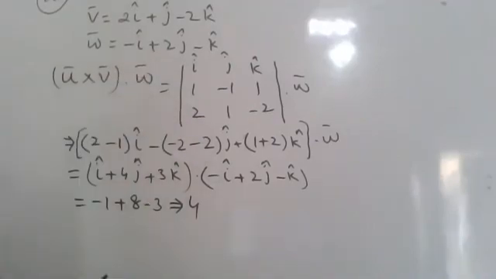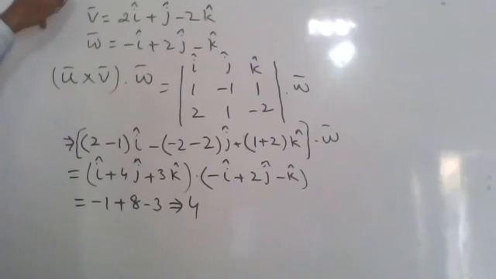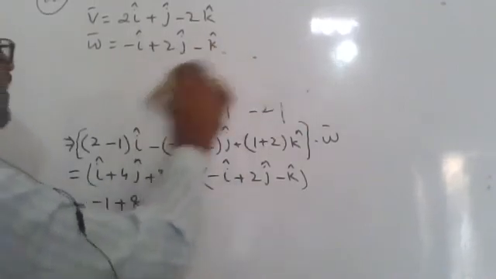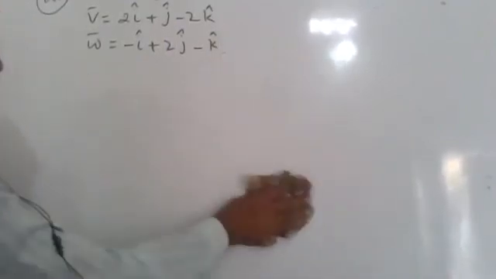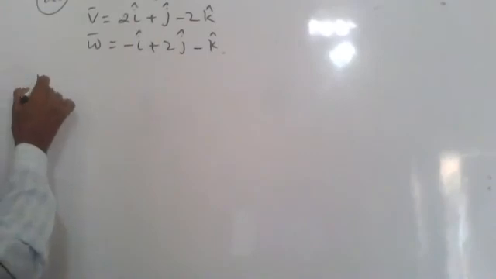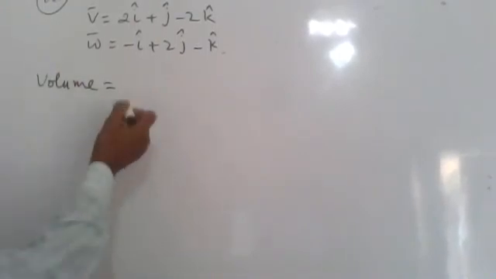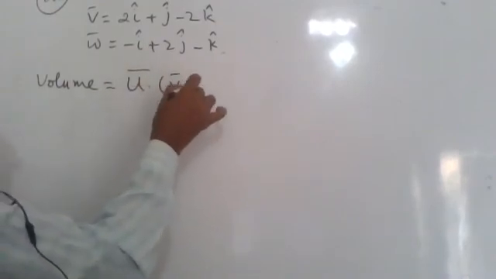The other way to find the scalar triple product, because the answer is scalar. So volume will be equal to u dot v cross w.